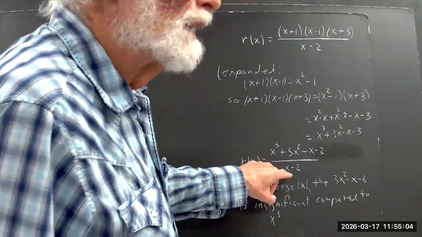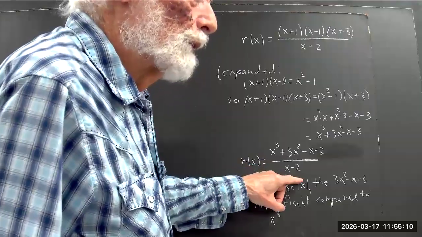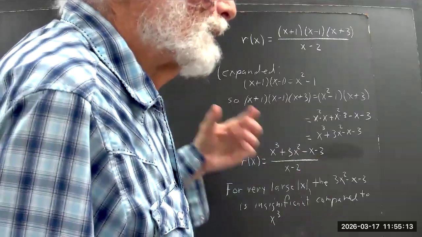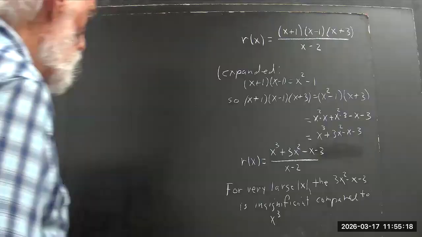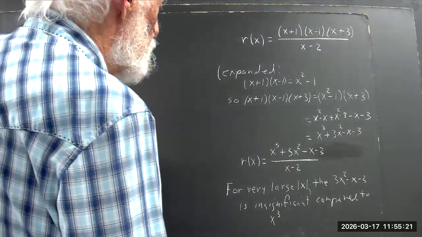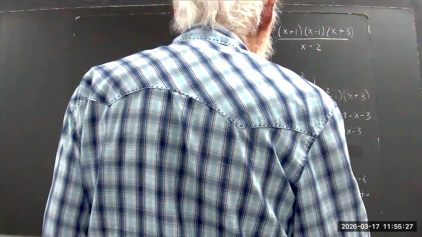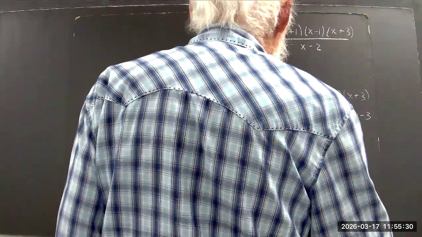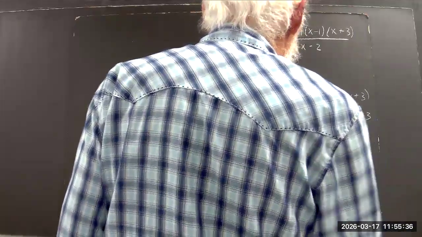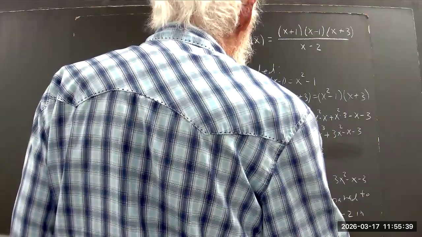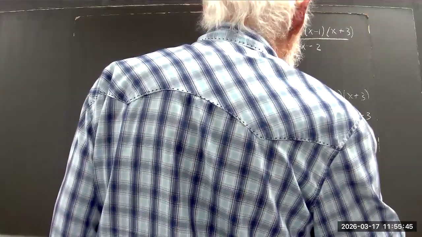Now you can't ignore this x because it's dividing. Of course, if x is a very large number, x minus 2 is practically the same number. What's the difference between 1,000,000 and 1,000,000 minus 2? Very tiny. Okay, so for very large x, the minus 2 in the denominator is insignificant.